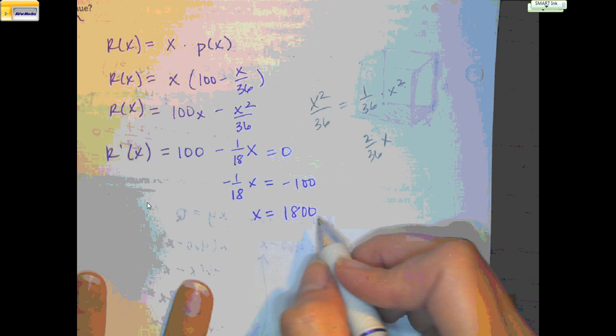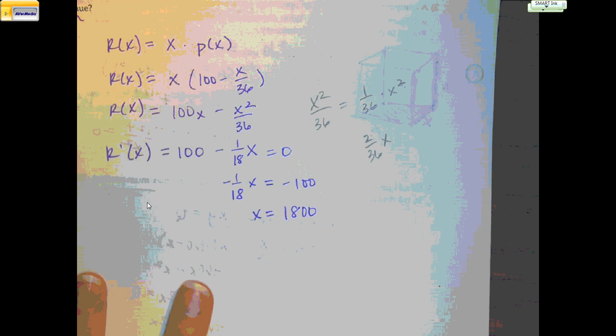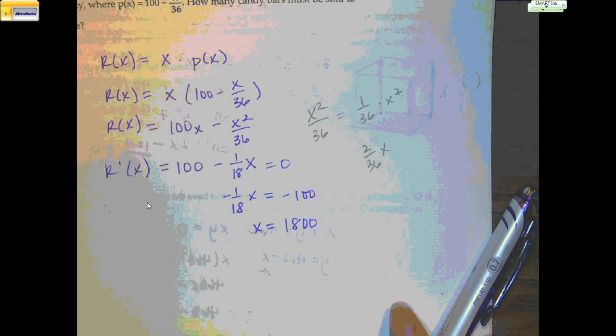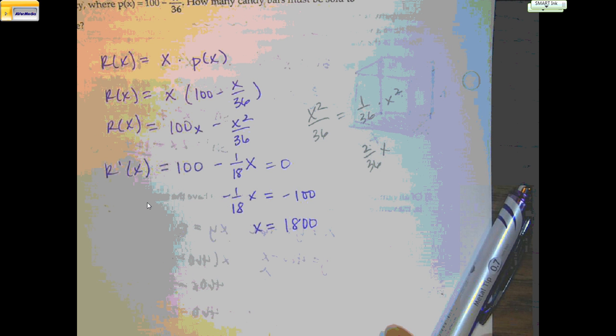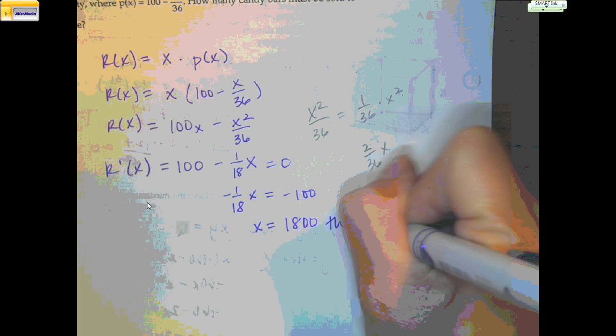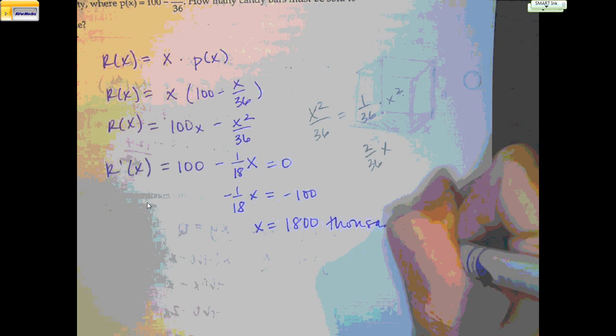It says x thousand. So how are you going to do 1,800,000? Or is it just 1,800? Or you could put 1,000. No, we got 1.8 because we did it differently last hour. We got 1.8 thousand, so that would be 1,800. So that is x. Candy bars.